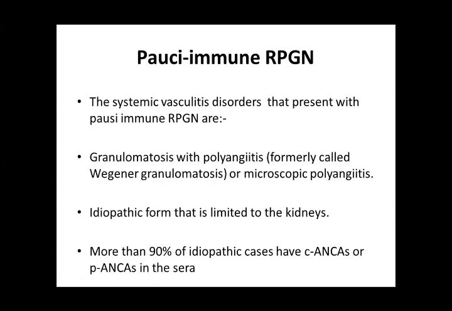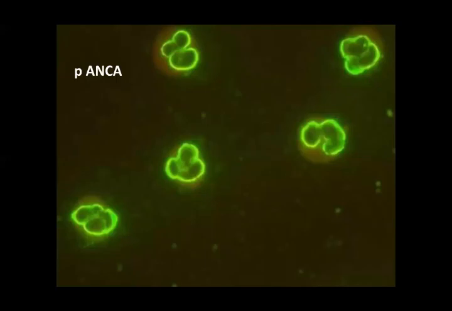It is just that it is pauci-immune, reduced immune. So this is what P-ANCA looks like: perinuclear anti-neutrophil cytoplasmic antibody. Look at the lobes of the nuclei.